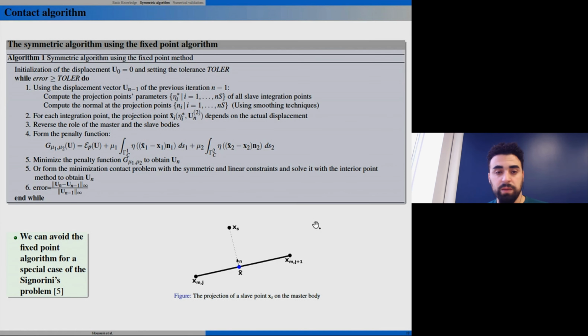Now I will describe briefly our contact algorithm. Here we use the fixed point method in order to transform our contact problem into a sequence of minimization problems with linear constraints.